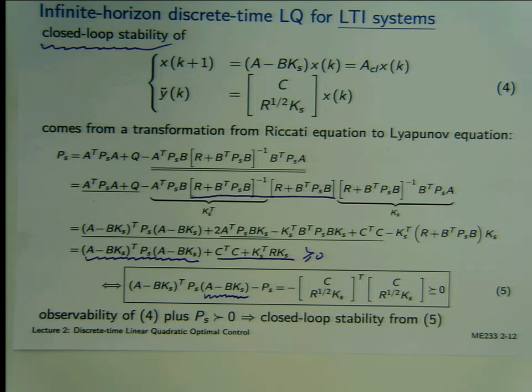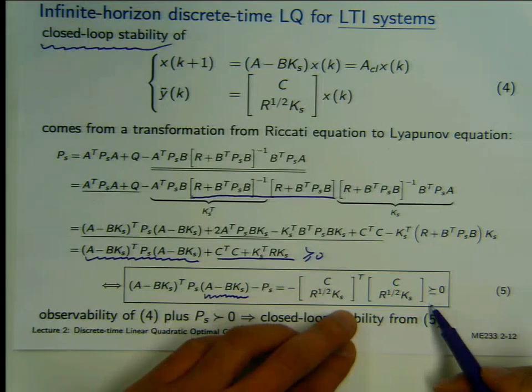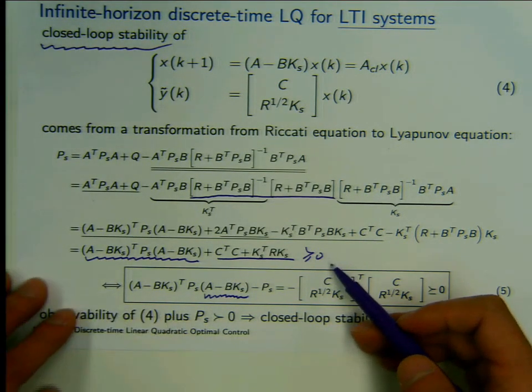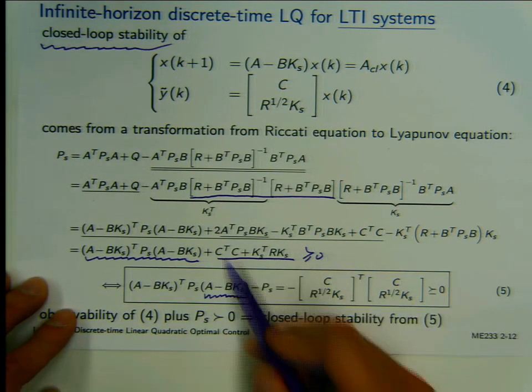We know PS is positive definite. Yes. So this term is obviously positive definite because PS is positive definite. Yeah, you're commenting on this one? No, on the above sentence, this term here. Yeah, this term. We know the first term is positive definite for sure, because we assume PS is positive definite. Also, the second term is positive definite? You mean this term?